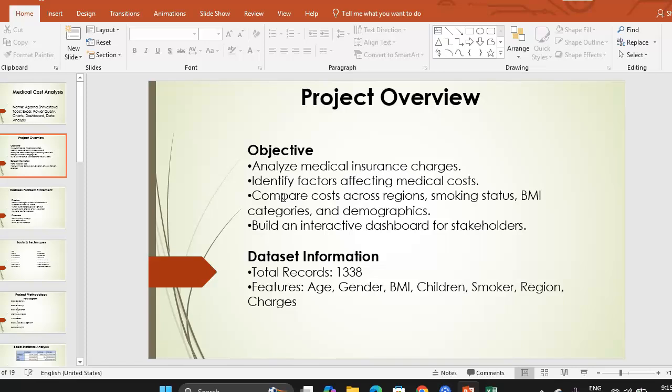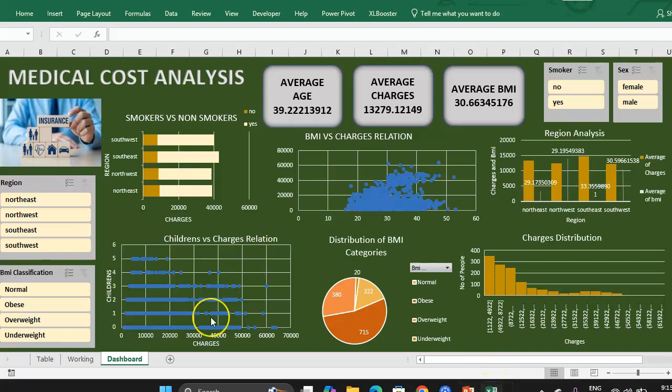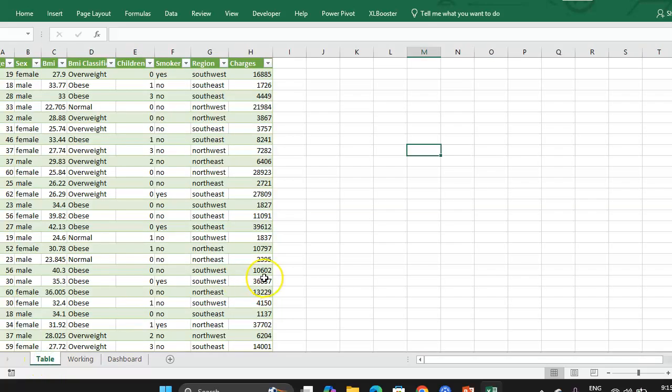The dataset consists of 1,338 records and includes the following fields: age, gender, BMI, number of children, smoking status, region, and medical charges. The main objective was to understand how these factors affect medical insurance costs and drive meaningful business insights.